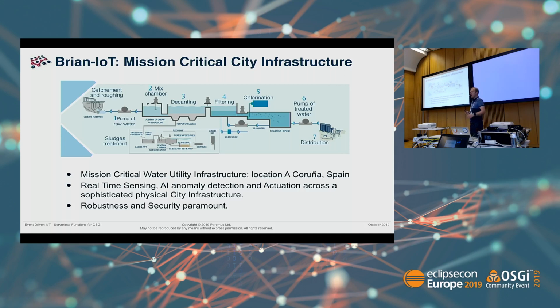So that's northwestern Spain. And they have all manner of sensors for the weather and the state of the river, from which they take water, process the water, and turn it into the drinking water that is given to the city. And obviously they don't want to waste the water. It's bad for the environment if they take too much water from the river. It's expensive if they have to purify too much water with chemicals and then throw it away because it's been sitting around for too long.